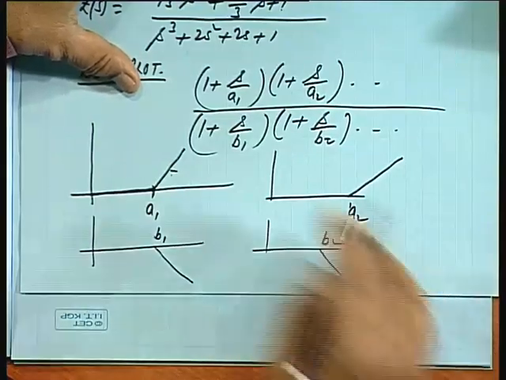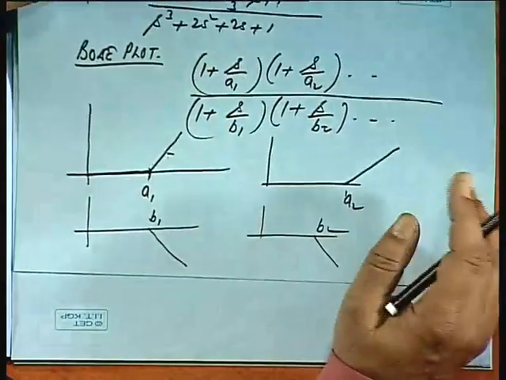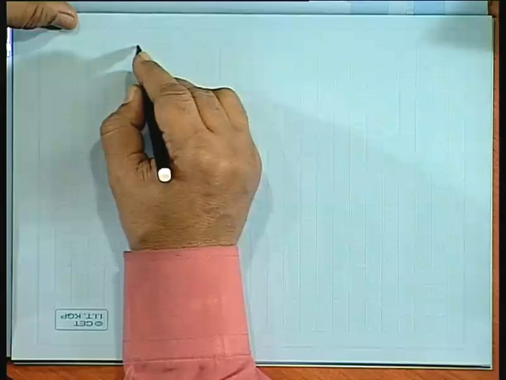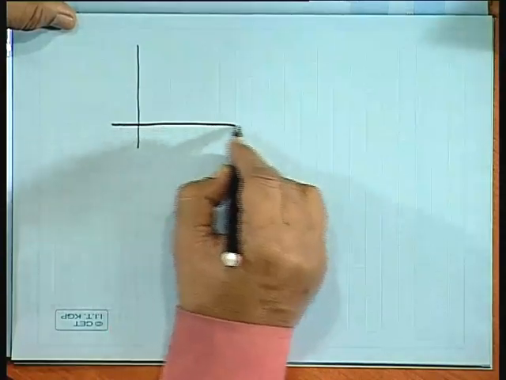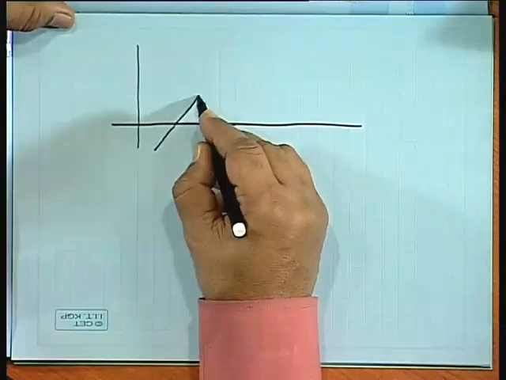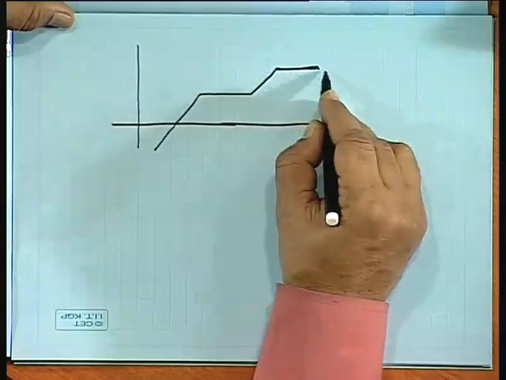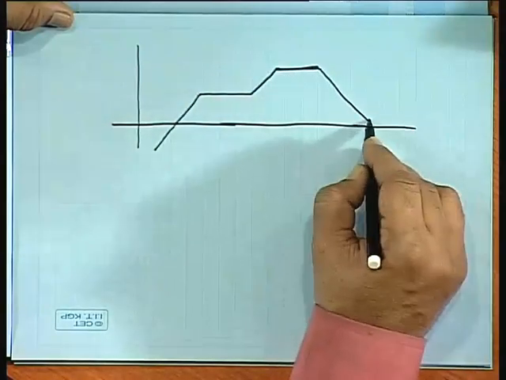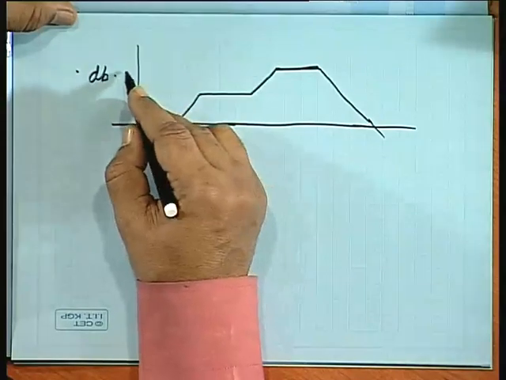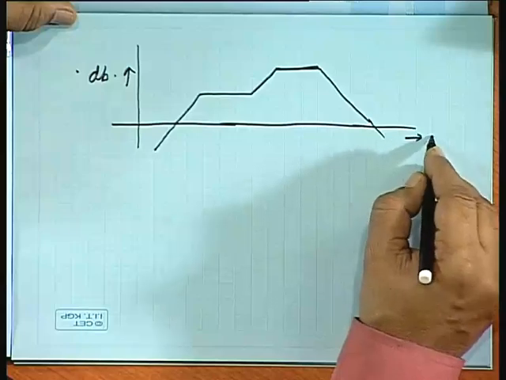Now, if there is a mix up and if they are reasonably separated, then the total asymptotic plot, it may be given to you, the asymptotes may be like this, the gain plot, dB gain, that is 20 log of g, against the frequency plot.